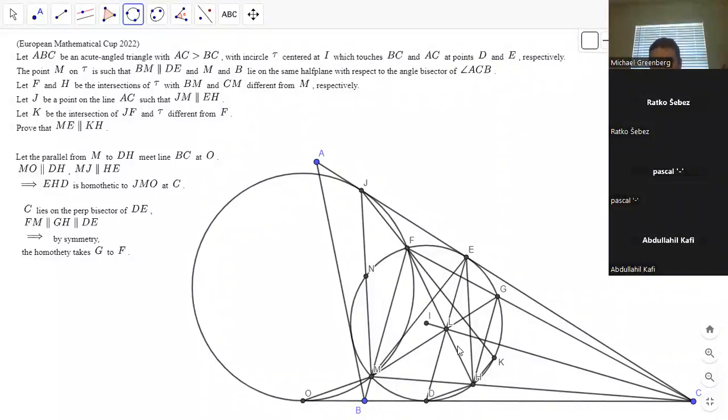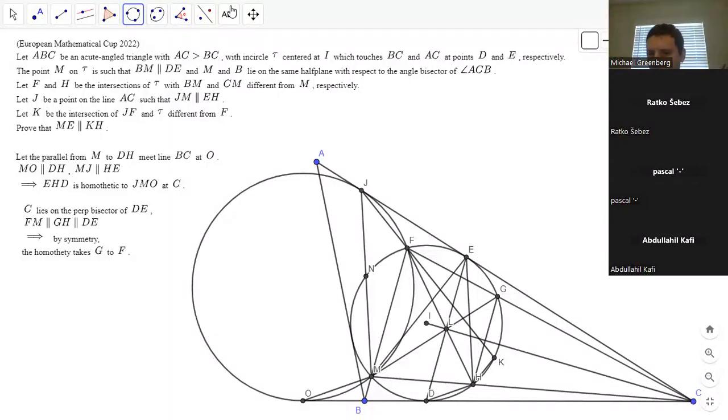Okay, I got this. Let me just write it out. HME, MJC, which is MFK, which is MEK. Okay.